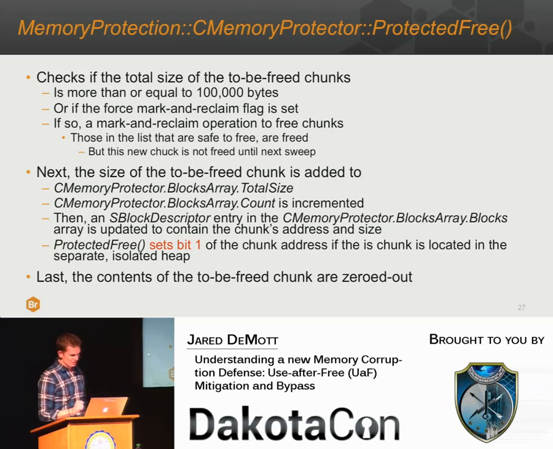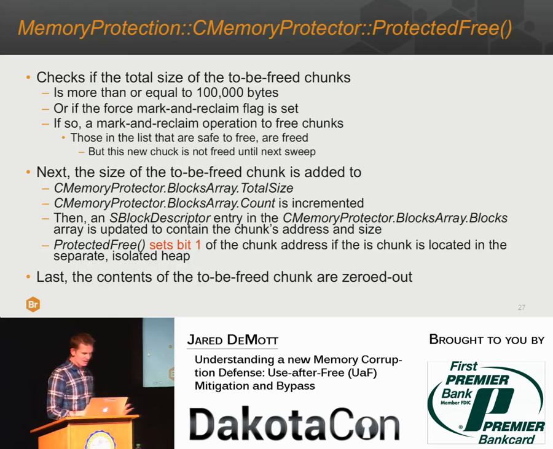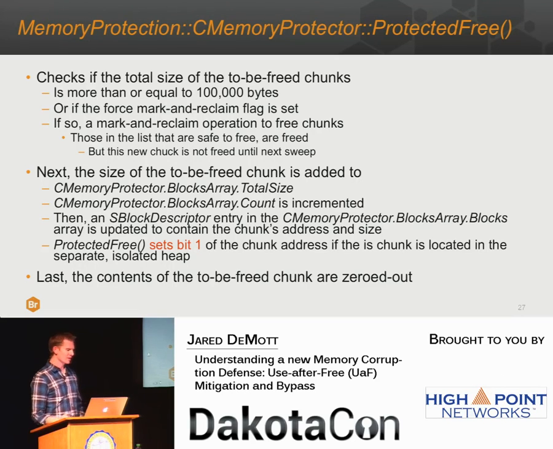I've got a lot of notes on this one. Basically, when you free an object, it'll look through this list, add it to the total size, add it to the count of the things in the list, but it won't ever try to free the one you just added now. There needs to be another sweep for that to happen. And if it's an isolated chunk, bit 1 will be set. So, to make a long story short, without getting bogged down in all the algorithmic details.